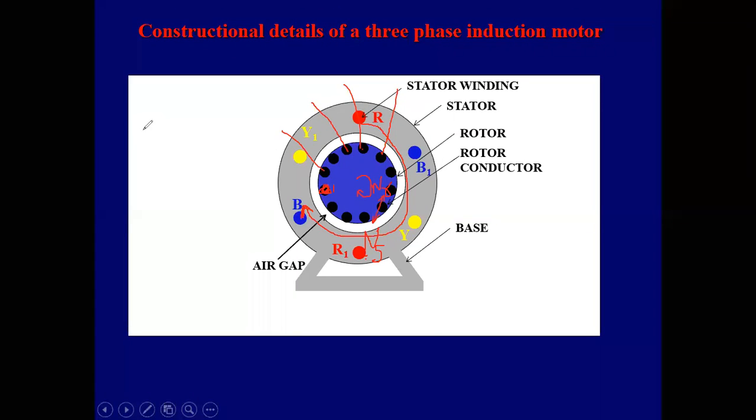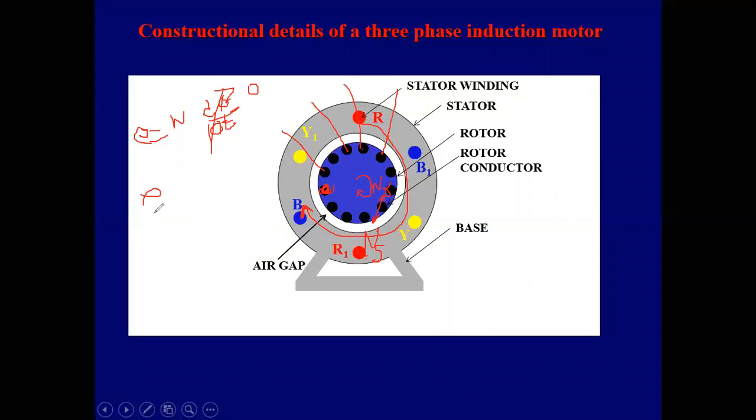But what is Faraday's second law? E is equal to minus N d phi by dt. Now, if NR is equal to NS, conductor 1 will always face the same amount of flux, so d phi by dt will be equal to 0.